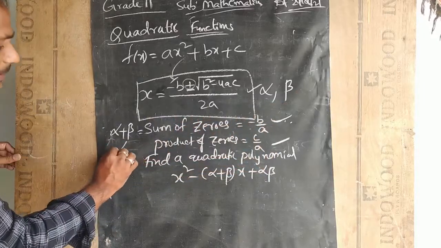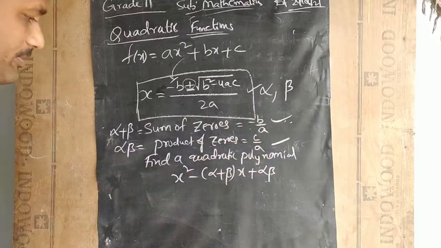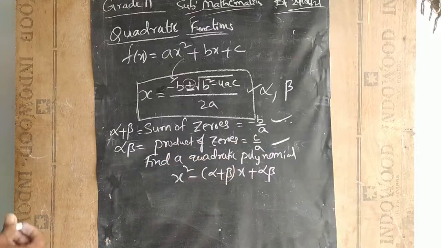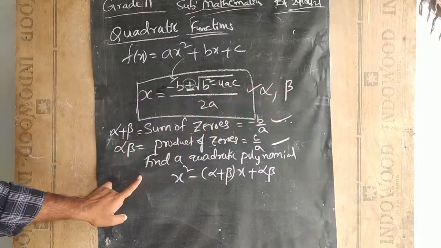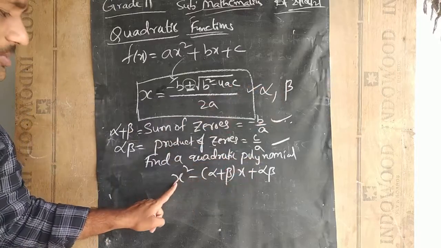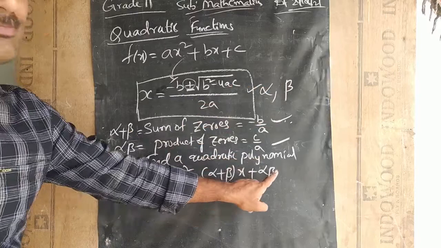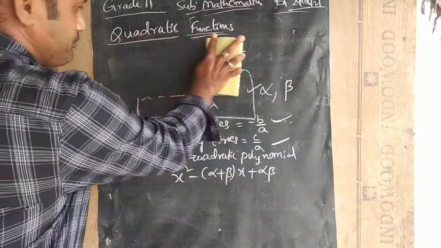And if you multiply the two zeros, your answer will be equal to c by a. So this is alpha into beta, which is product of zeros. So if he gives us two zeros, alpha and beta, and asks to find a quadratic polynomial, then use this formula, that is x square minus alpha plus beta into x plus alpha beta. Let us try to understand this by taking a question.